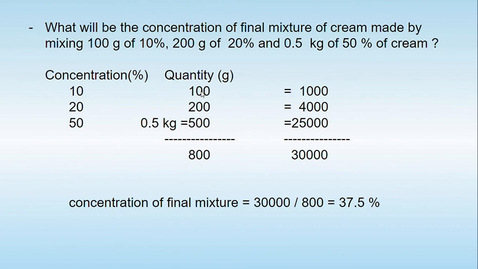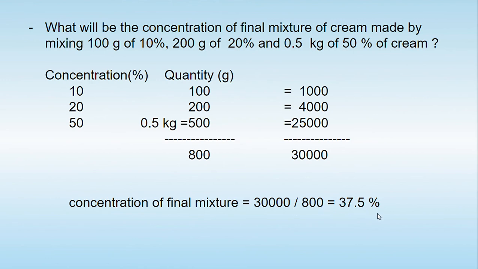Now what I'm going to do, I multiply 100 with 10, so 1000, 20 with 200, 4000, 50 with 500, 25,000. I'll make the total of all this, so I get 30,000. And to find the concentration of the final mixture, that's 30,000 divided by 800, so 37.5.